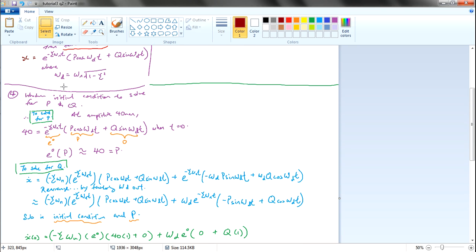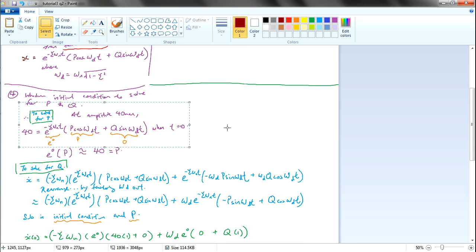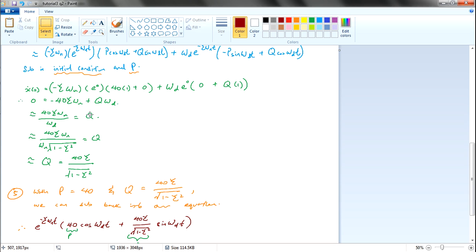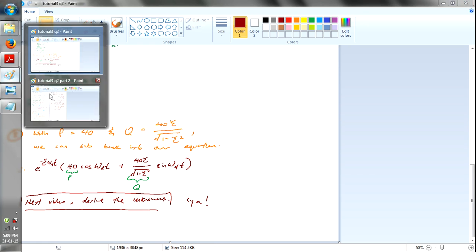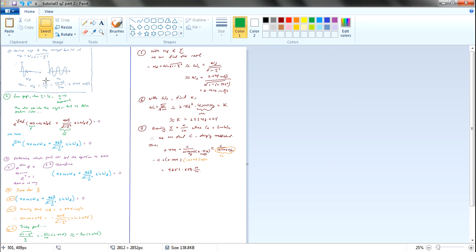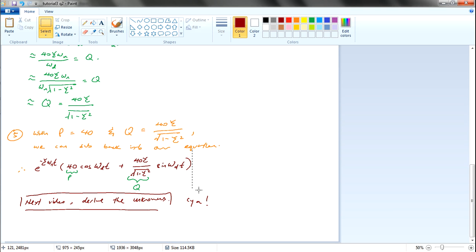And then you solve for your particular solution, P and Q. Make sure that by subbing in your initial condition, you solve your P and Q and derive an equation. After that, in this video, since we already know our equation, you can solve fully for the WD, the damped natural frequency, and with this you can straight away solve for your natural frequency and the damping factor.